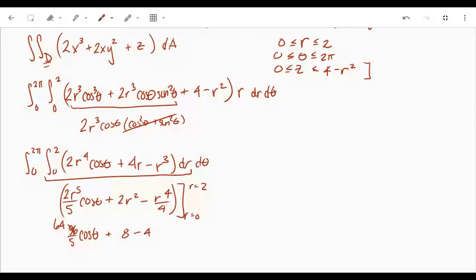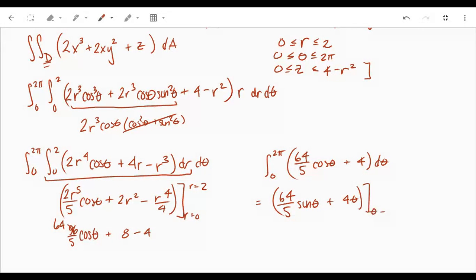So I'm going to have the integral from 0 to 2 pi of 64 over 5 cosine theta plus 4. All right, so that's going to be 64 over 5 sine theta plus 4 theta from theta equals 0 to theta equals 2 pi. Everything's going to be 0 except for 4 theta when theta is 2 pi. So that's going to give me 8 pi.